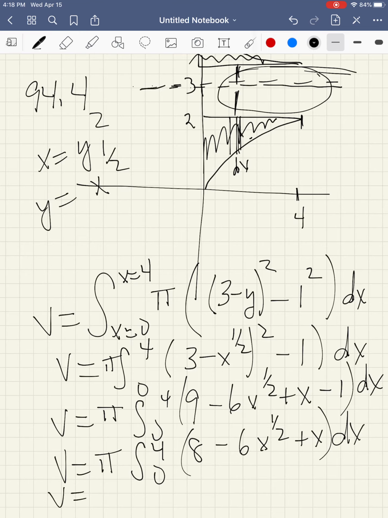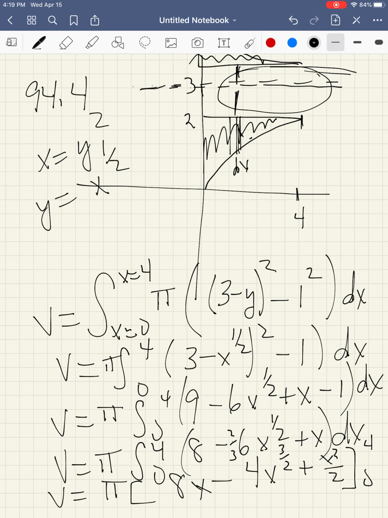So we'll have pi times 8x minus 6 times x to the 1/2 plus 1 would be 3/2. And then this will be times 2/3. So that'll be 2 times 2, that'll be 4 x to the 3/2, and then plus x squared over 2 evaluated from 0 to 4.